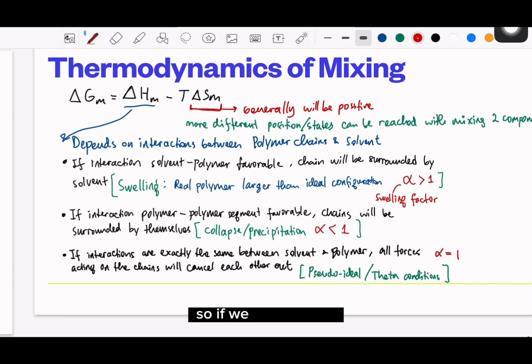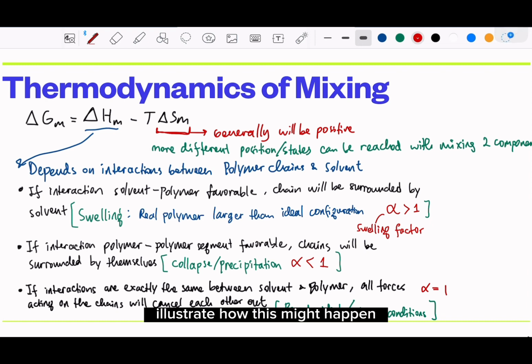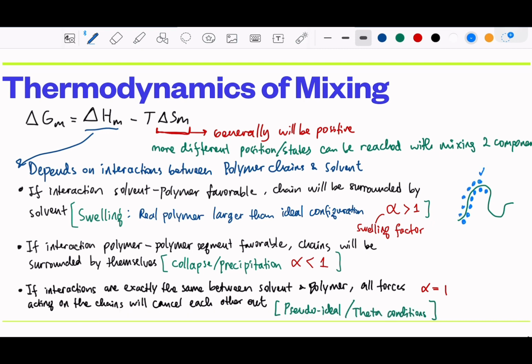So if we are going to illustrate how this might happen, suppose that we have the polymer. If the polymer are attracted with the solvent, it will be swelled, so it means that the solvent can enter the space in between the polymers like this. Suppose that the blue one is the solvent. And at the end of the day, your polymer will be swelled.